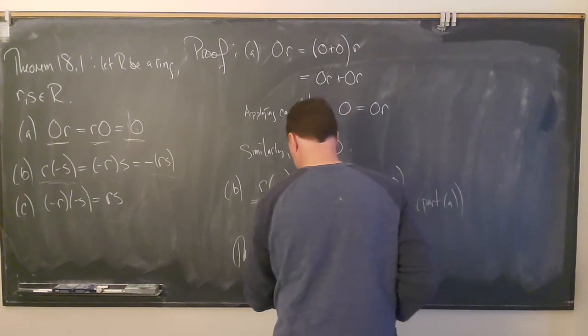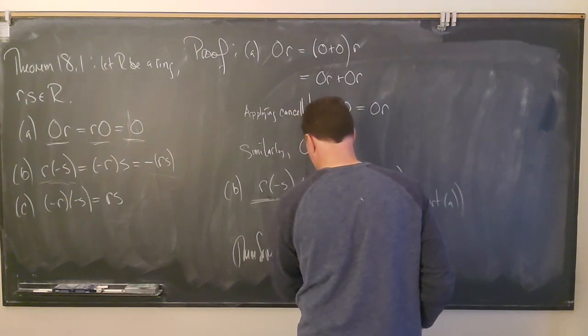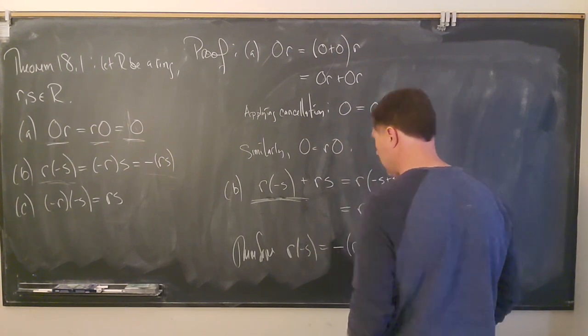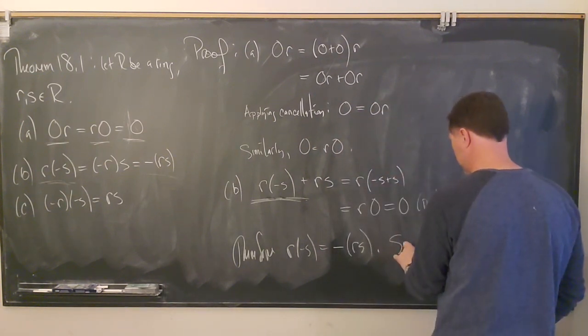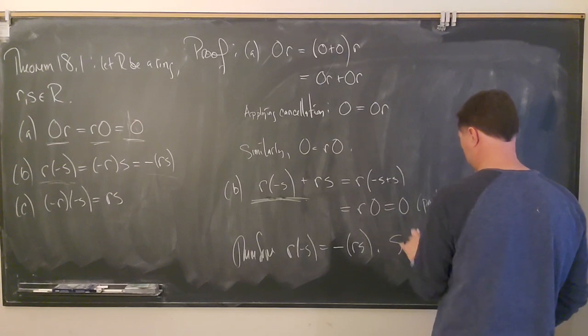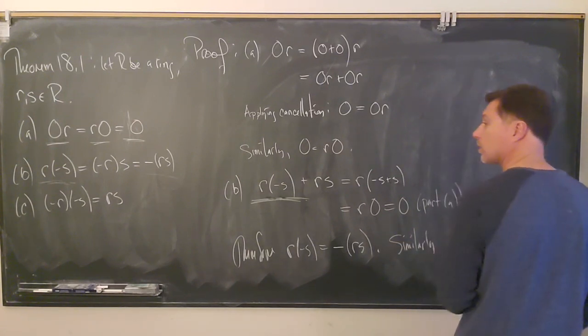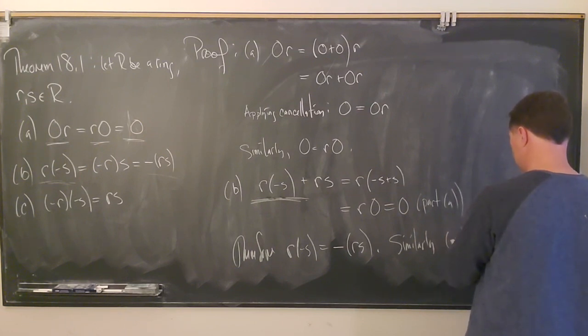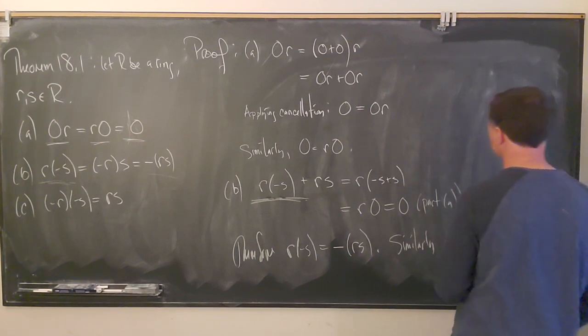So therefore, R times minus S is equal to the inverse of RS. And then similarly, what's the other one? Minus R times S equals negative RS.